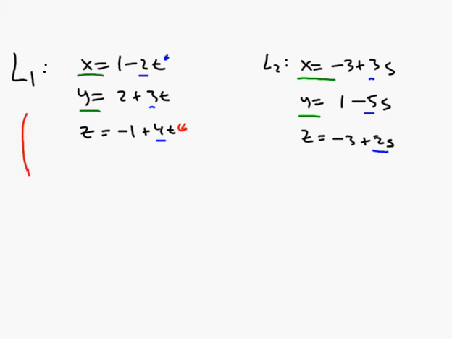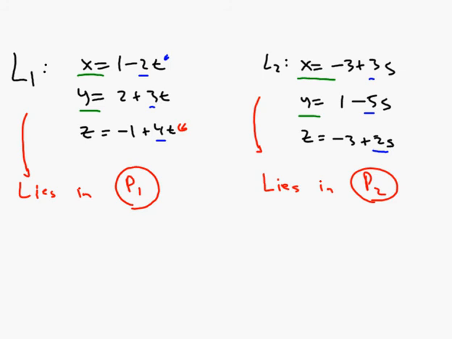We can call this, it lies in plane P1, and line 2 lies in plane P2. So P2 is the plane that contains line 2, and P1 is the plane that contains line 1. And here's the additional thing that you have to be able to convince yourself of, and that is, you can think of two such planes, P1 and P2, such that they are parallel.